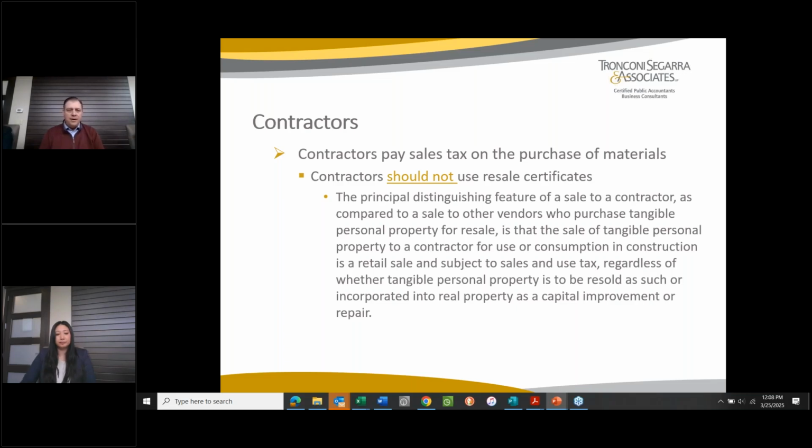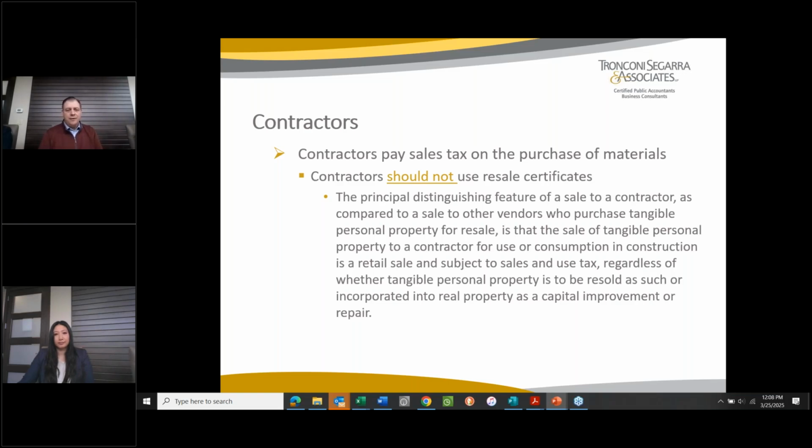If I own a retail store, I buy my inventory, I issue an ST 120 resale certificate, and that manufacturer or distributor doesn't charge me tax because I'm going to in turn charge tax to my customer when I sell that property. Contractors are in a different bucket.